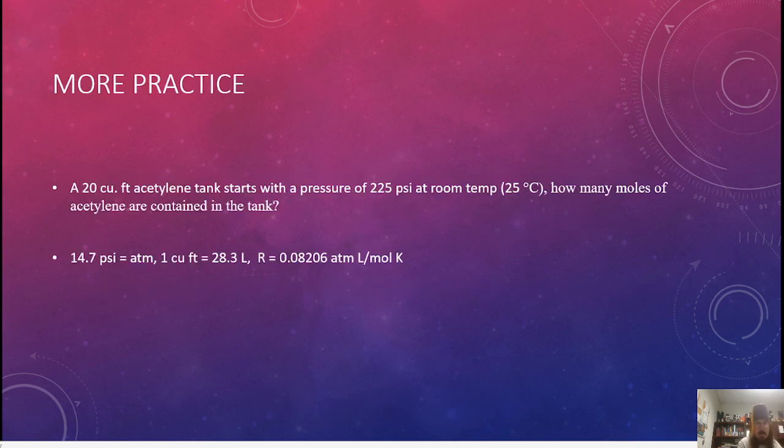One more practice problem. We have right here a 20 cubic foot acetylene tank. Not oxyacetylene, but just 20 cubic foot. So that's a volume, 20 feet cubed. It starts with a pressure of 225 psi at a temperature of 25 degrees.